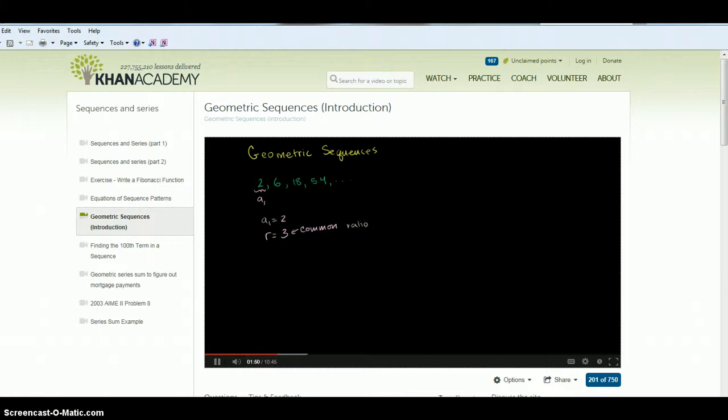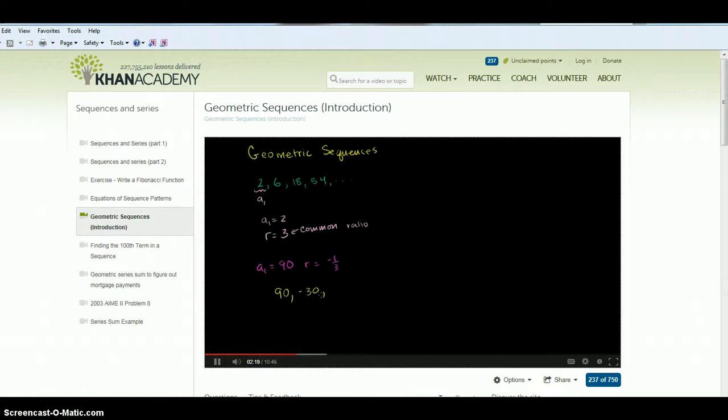So if someone were to tell you, hey, you've got a geometric sequence, A1 is equal to 90, and your common ratio is equal to negative 1/3, that means that the first term of your sequence is 90. The second term is negative 1/3 times 90, which is negative 30, right? 1/3 times 90 is 30, and then put the negative.